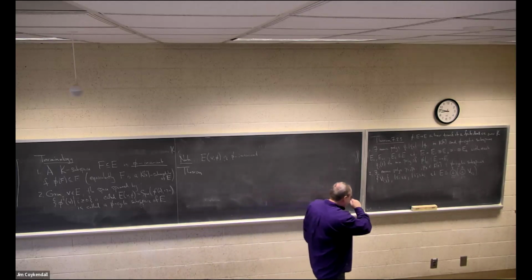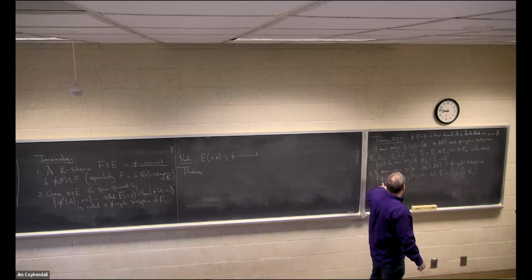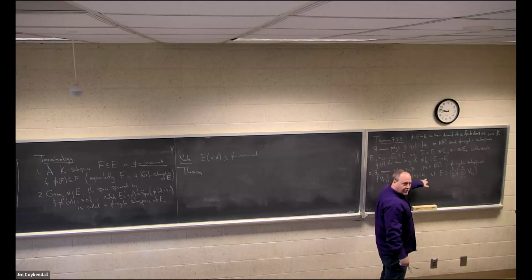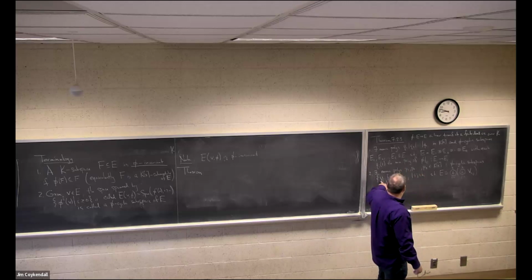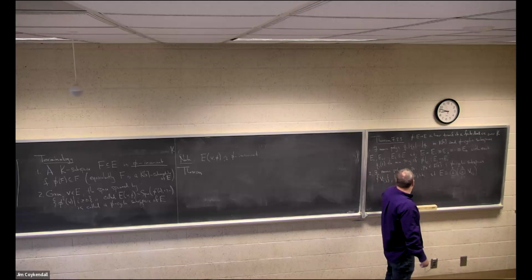So think of it this way. For example, for P1, you have V1j, and how far can j go? Up to K1. So these are just the upper bounds for each one of these. Think of these as relatively prime polynomials P1, P2, etc. So you have a collection of vector spaces for P1, a collection of vector spaces for P2, and so forth. And the j's are how far out you go.